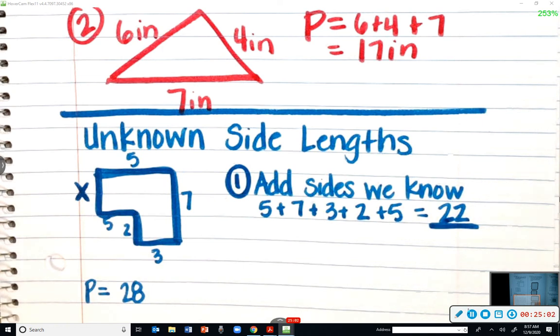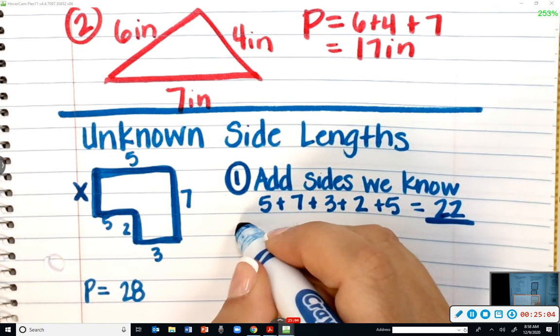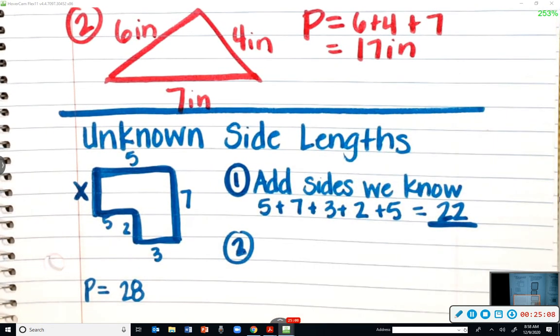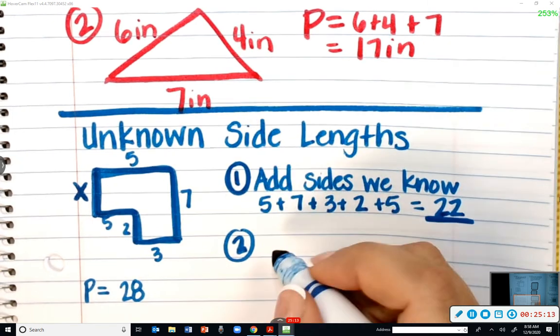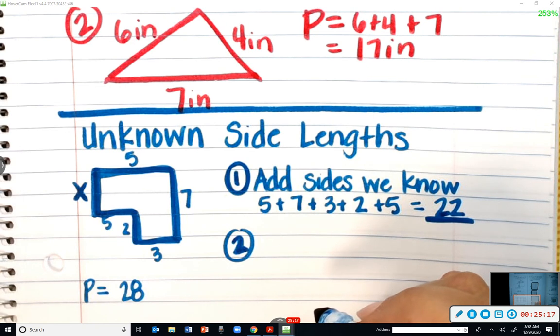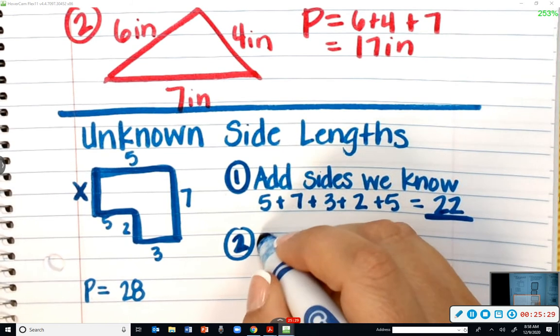All right, who can tell me what would be the second step to find the missing side? Bryson? The second step is to subtract the length from the perimeter.